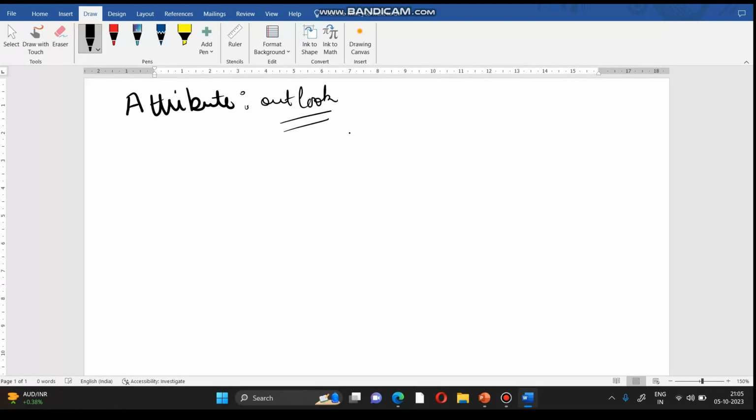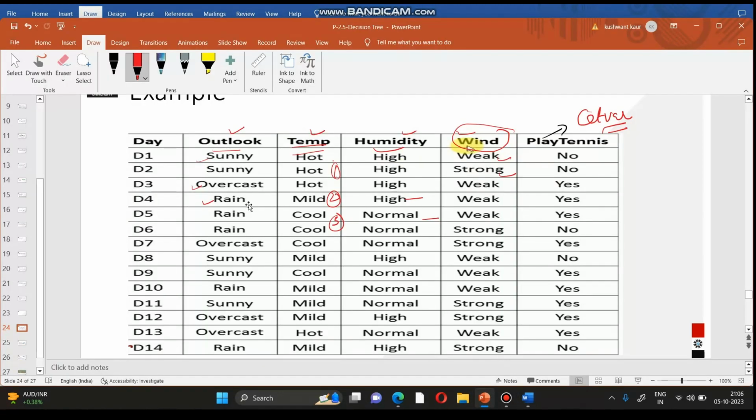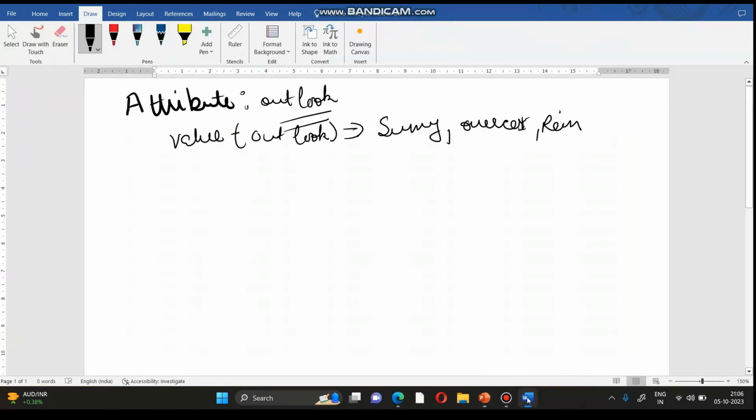This is my very first attribute. Now, the values for outlook are sunny, overcast, and rain, as we can see here. So we have got these 3 values.